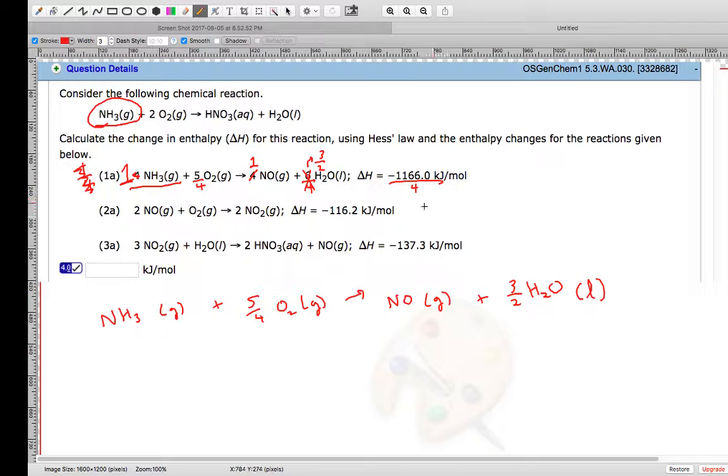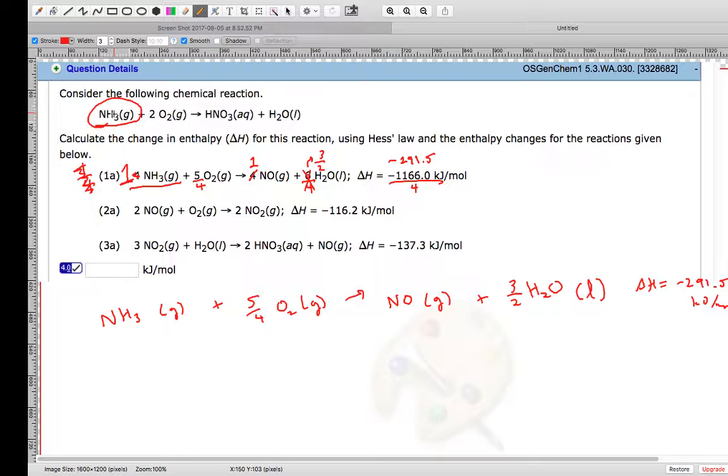And the delta H is going to be, let me just do this right quick over here, negative 291.5, so that's going to be delta H is negative 291.5 kilojoules per mole, all right? So that gives me the NH3.